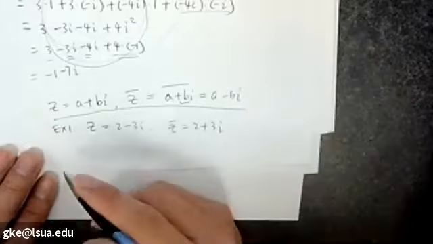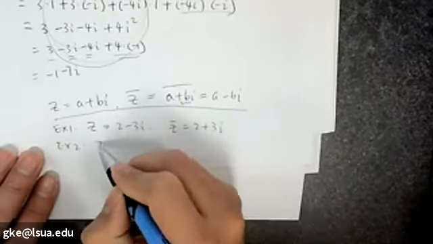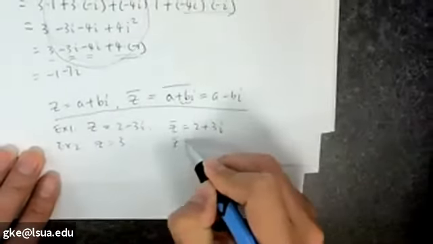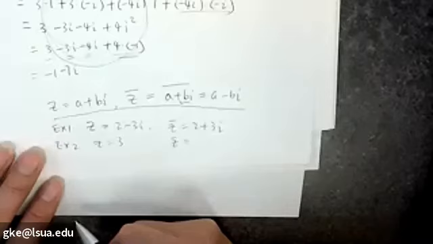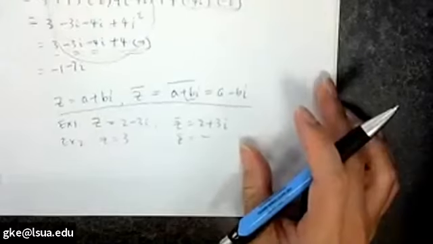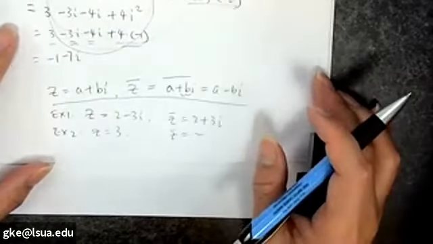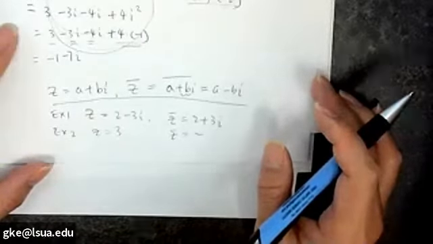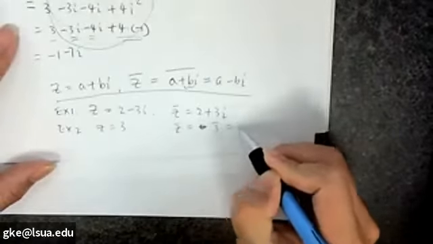Now I'm going to give you guys a tricky one. If z equals 3, what is the conjugate? Negative 3? Are you sure? What's the definition of a conjugate? We change the sign of the imaginary part. Do we have an imaginary part here? No, so it will be itself, right?